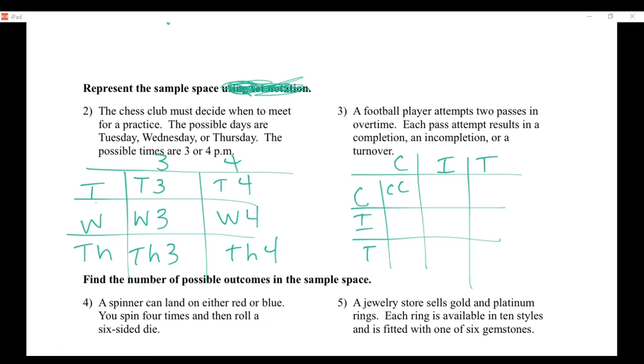That means they could get 2 completions. Basically, I just have to go through and say what could happen. Incomplete, turnover. Inside these tables, those are all the possible outcomes. I won't give you any like this where it's a crazy long list, so don't worry about that. But it's important that you know what a sample space is and how to list all the possible outcomes. That'll come in when we start doing probability.